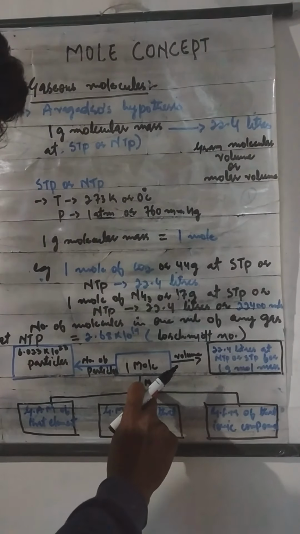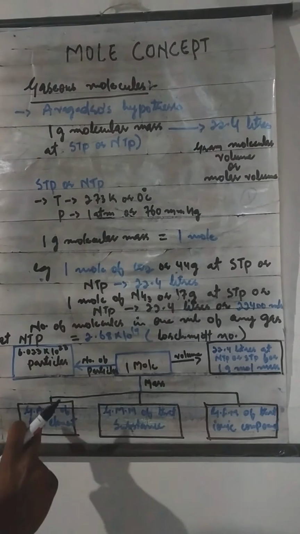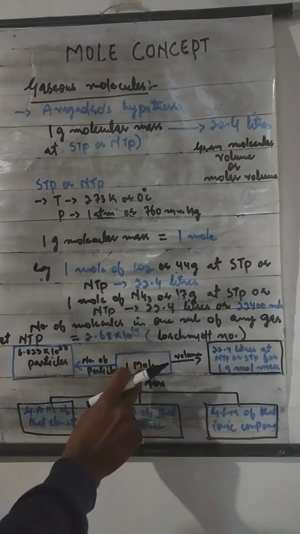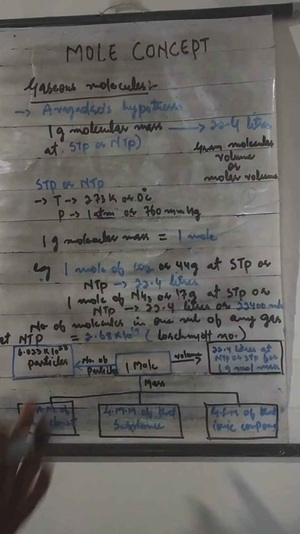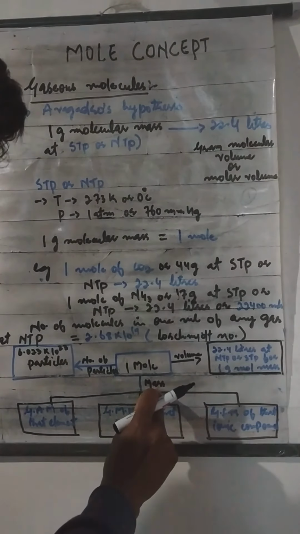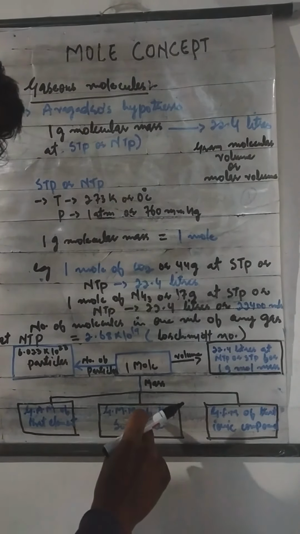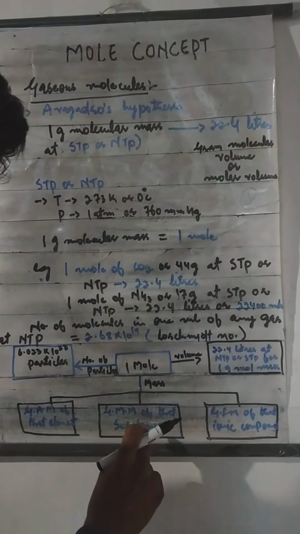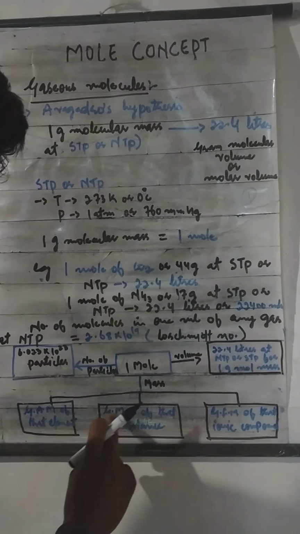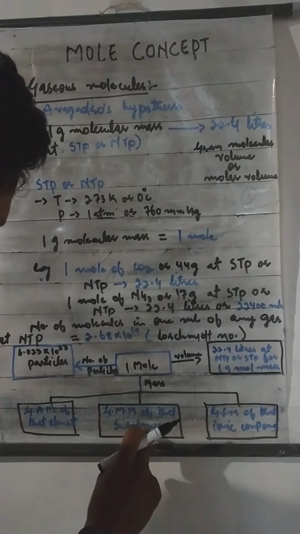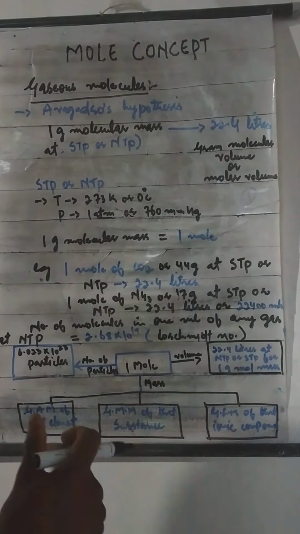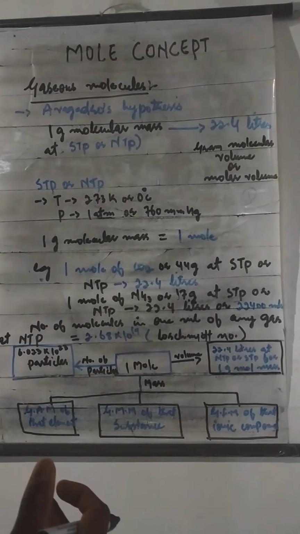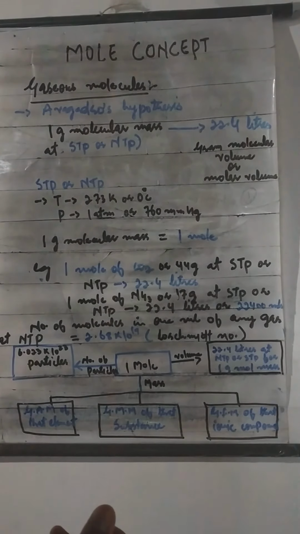And in terms of mass, for atoms, the mass of 1 mole of atoms is equal to the gram atomic mass of that element. And the mass of 1 mole of molecules is equal to the gram molecular mass of that substance, because we have molecules of elements and also molecules of compounds.